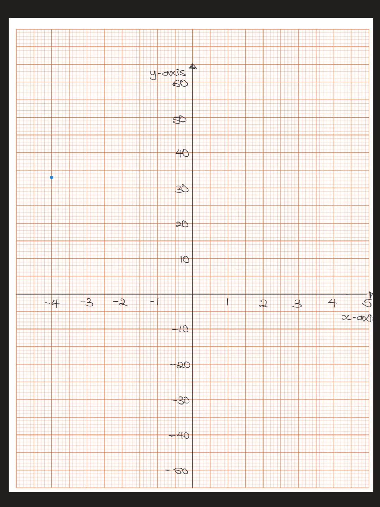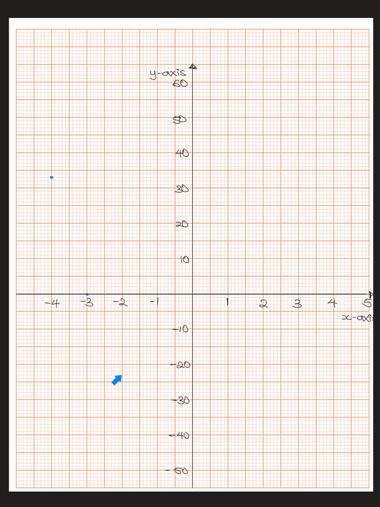Moving on, when x is equal to minus 3, y is equal to 0. So that is exactly at this point here. When x is equal to minus 2, y is equal to minus 23. So that is 3 small boxes from minus 20 below.